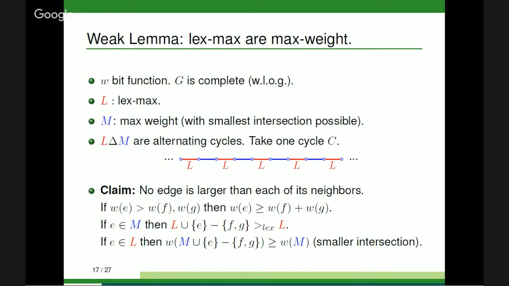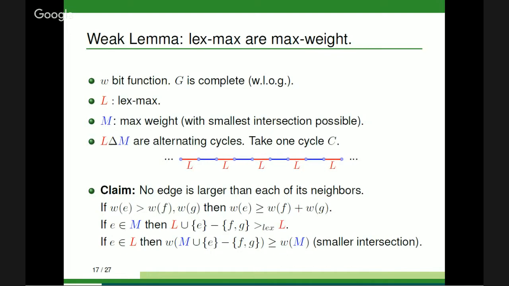Let's call this central edge E, and F and G the other two. Suppose that this edge has weight strictly larger than F and strictly larger than G. Then, because the numbers are powers of 2, the weight of the central edge is at least the sum of these other two, because each of the others is at most half the weight of E. That's the only place in which we use that things are powers of 2.